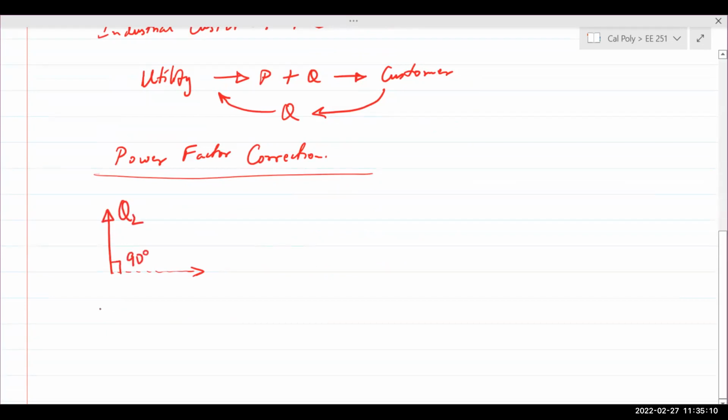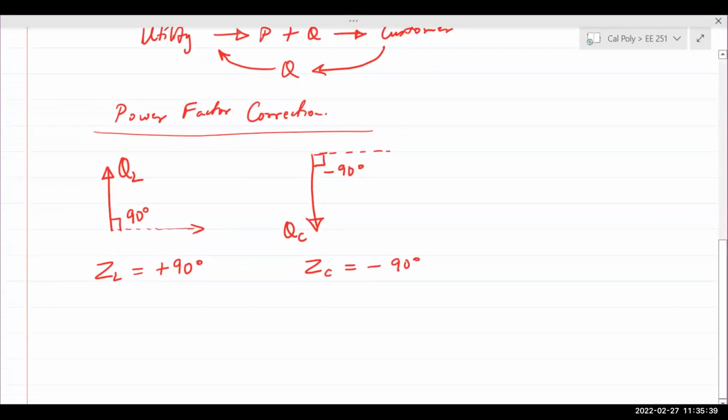If you remember, Z_L, the impedance of an inductor, has a positive phase, Z_C has negative. And so when you plot it for a capacitor, Q_C is minus 90 degrees. Okay. So power factor has to do with how much reactive power is required by the system.